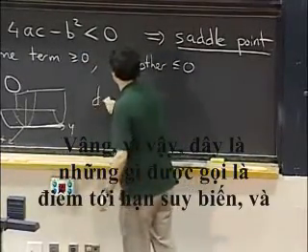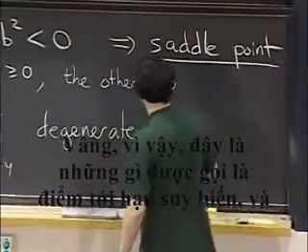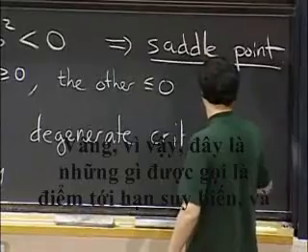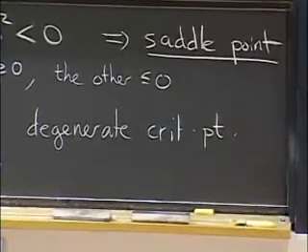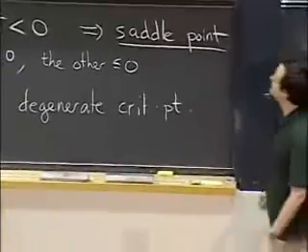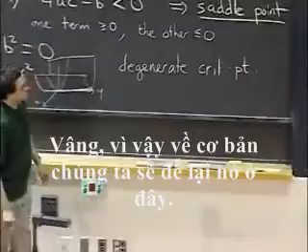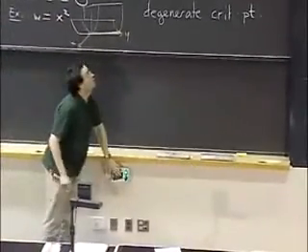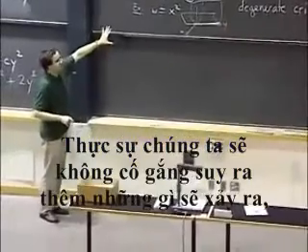So this is what's called the degenerate critical point. Basically, we'll leave it here. We won't actually try to figure out further what happens.